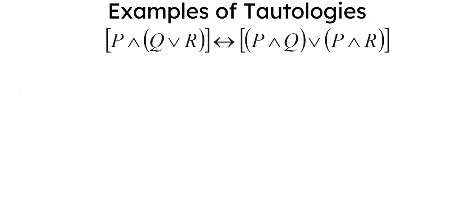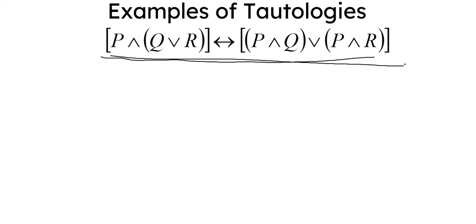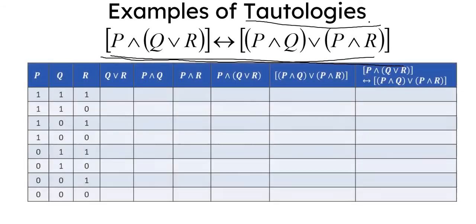So, let's have this example here. We have the statement P and (Q or R) is equivalent, or if and only if, because that's a biconditional, (P and Q) or (P and R). Pause the video and try to see if this is an example of a tautology. So, let us show. This is its truth table in its traditional method, or the long one.